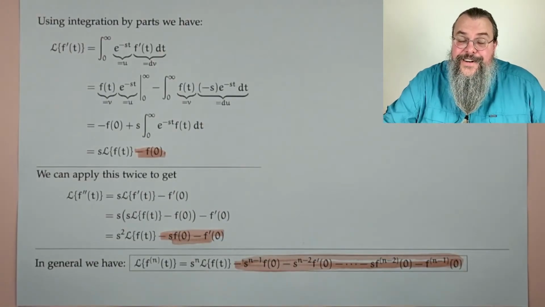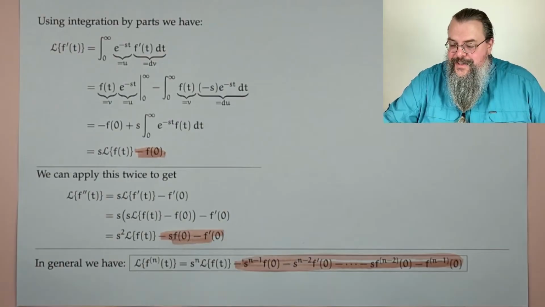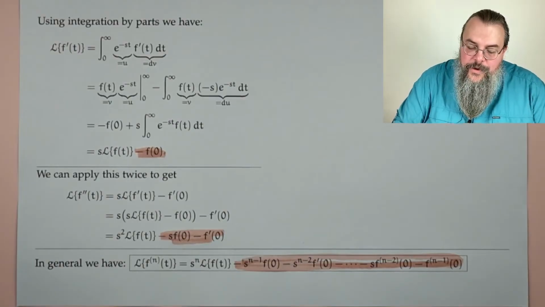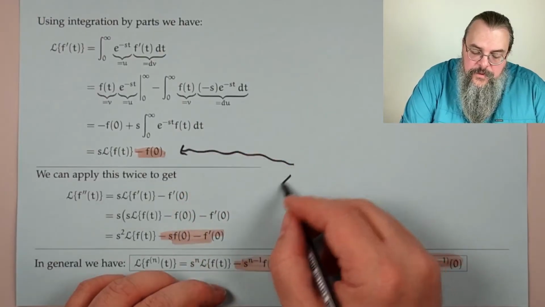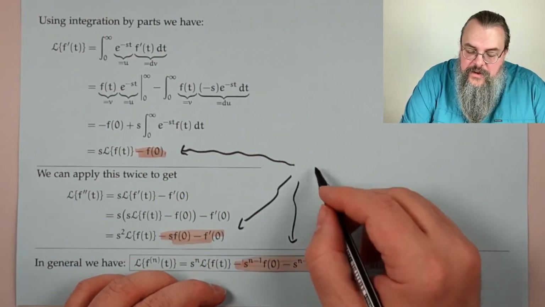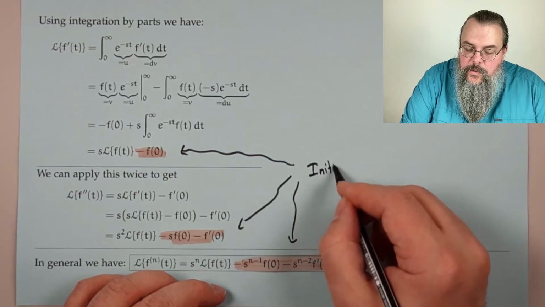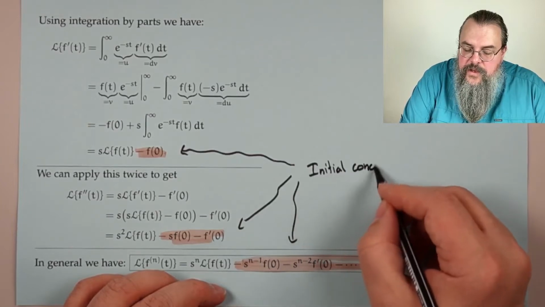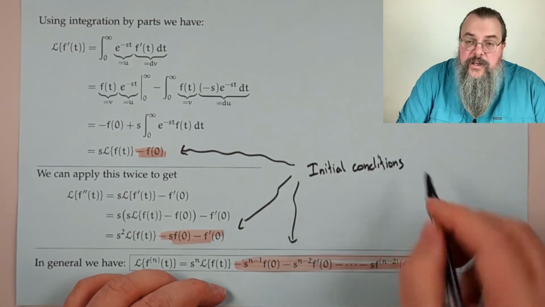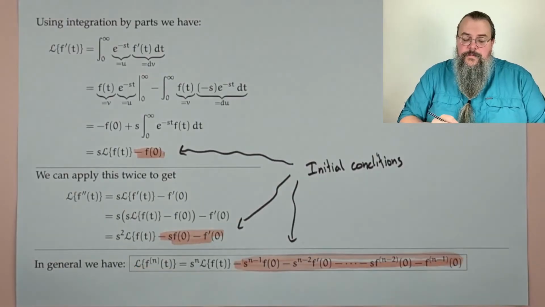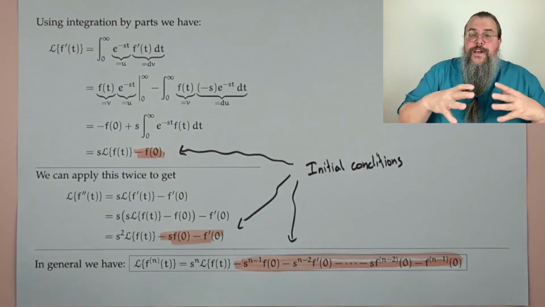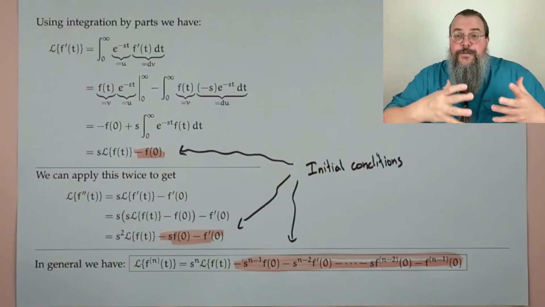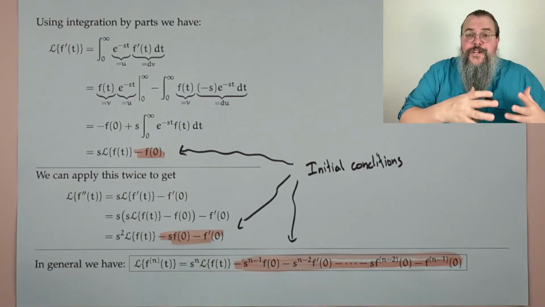These are initial conditions. And one of the cool things about Laplace transforms, and we'll see this as we get going in just a second, is that it's sort of the opposite of what we've been doing in other cases. When we've been solving differential equations before, we get to a certain point, we say, okay, we now have a general form, and we plug in and solve for initial conditions.